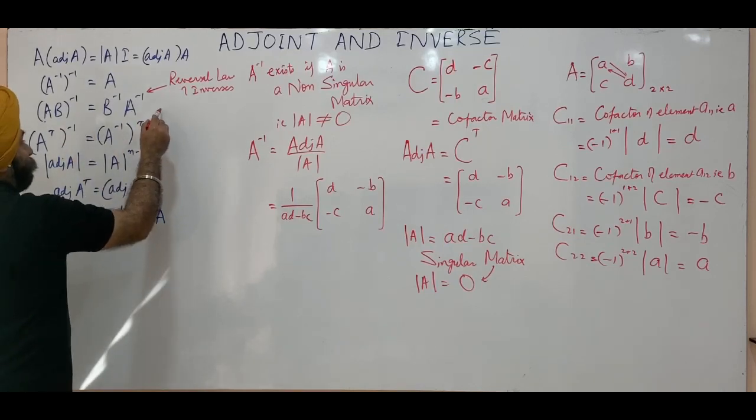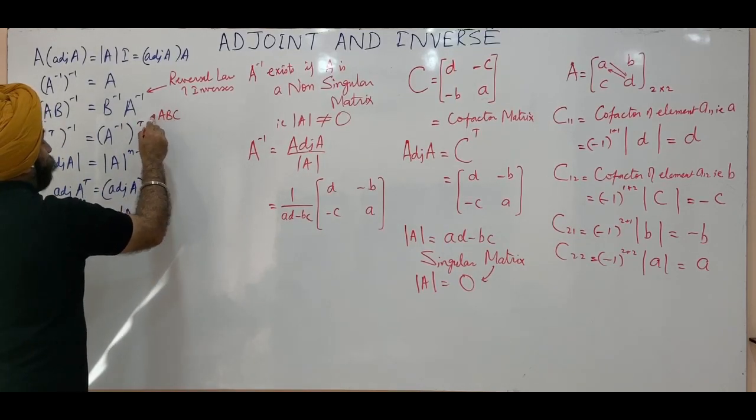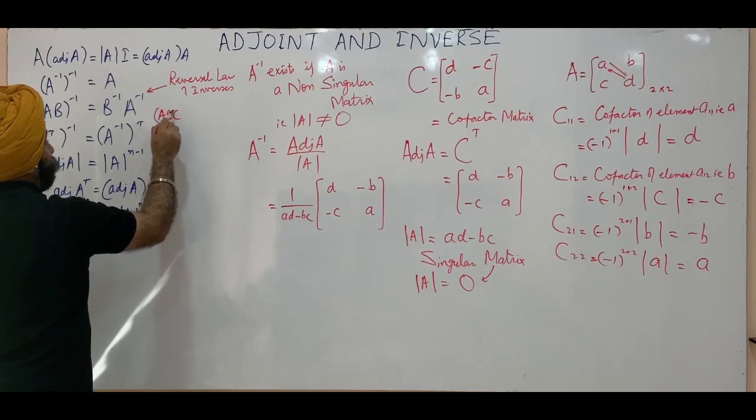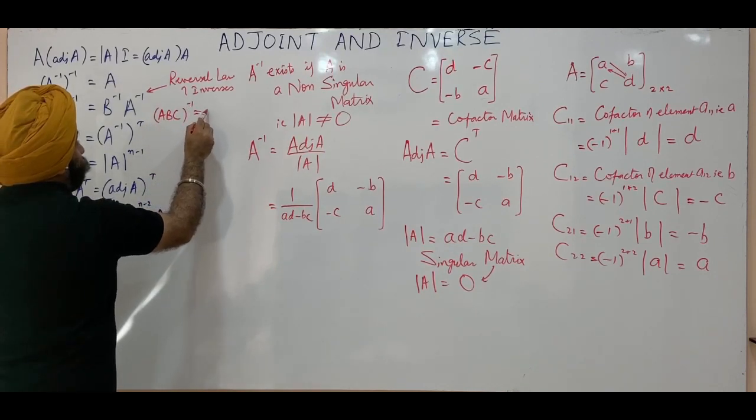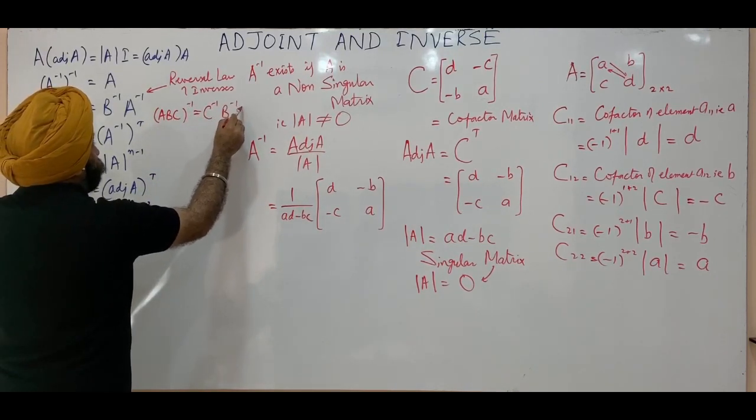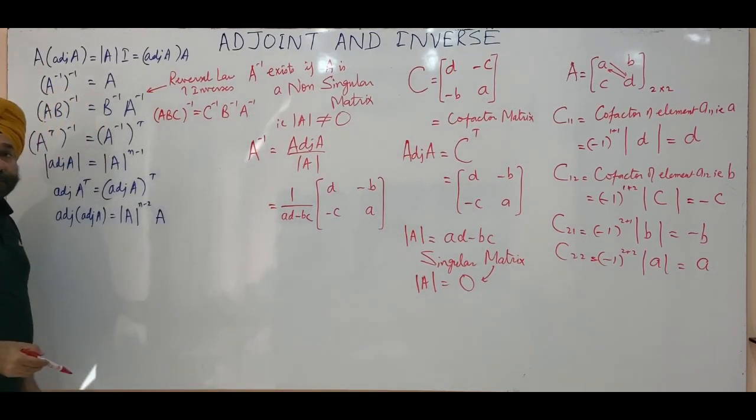If there are three matrices, let's say A, B, C, (ABC) inverse is equal to C inverse into B inverse into A inverse.